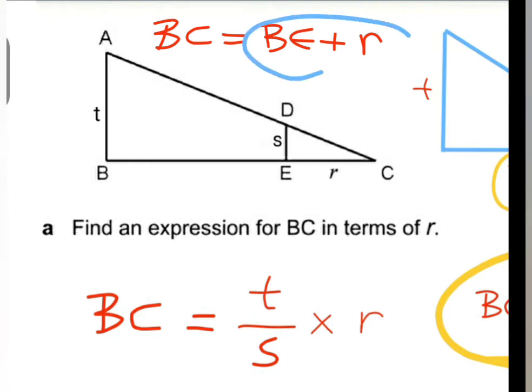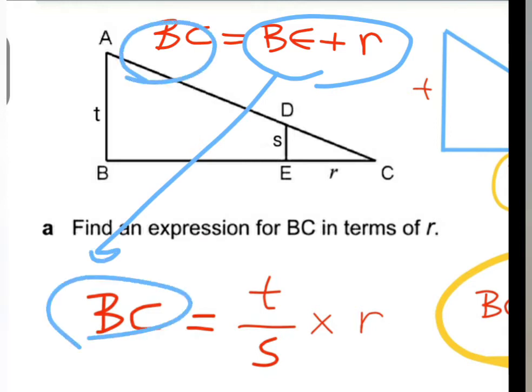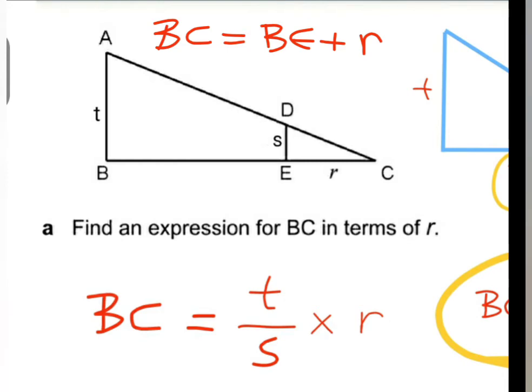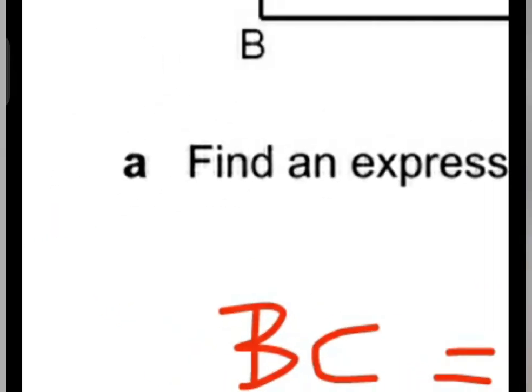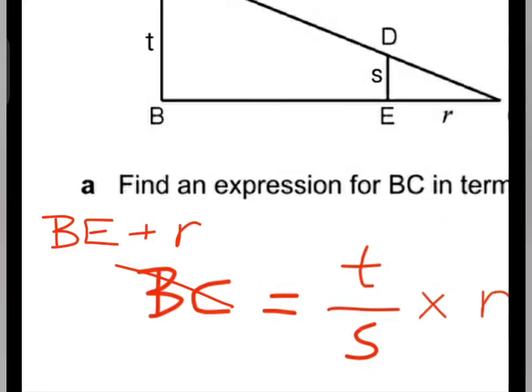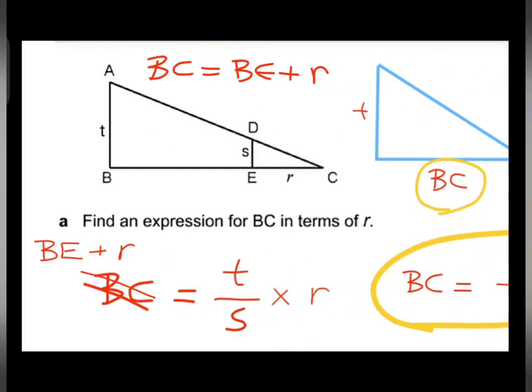Now, we're going to use this instead of this because they are the same. This is BC, this is BC. So, we're going to put this in the equation here instead of this. So, we will say what? Let's do it here. We will say BE plus R, because BC is the same as BE plus R, equals what?